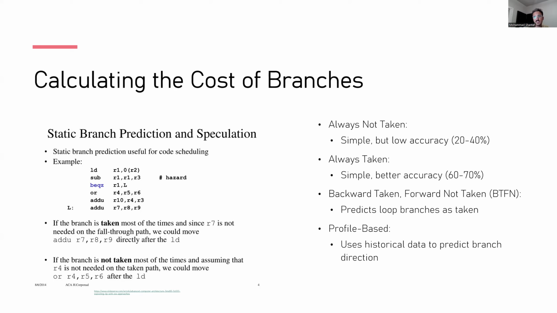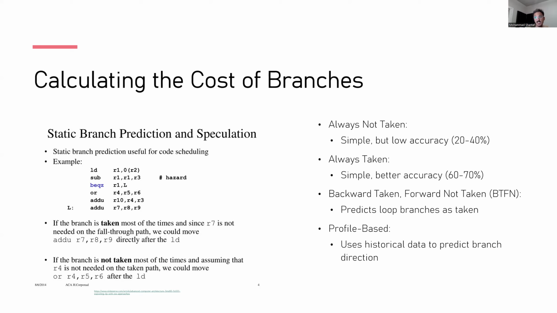Over here we have an example which shows static branch prediction and speculation. In this example, if the branch is taken most of the time, and since R7 is not needed on the fall-through path, we could move addu R7, R8, R9 directly after the BNE instead of keeping it there.